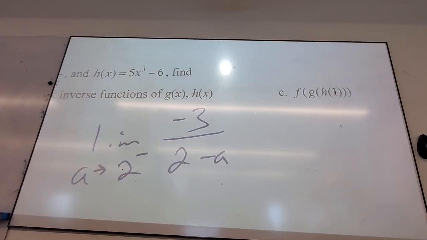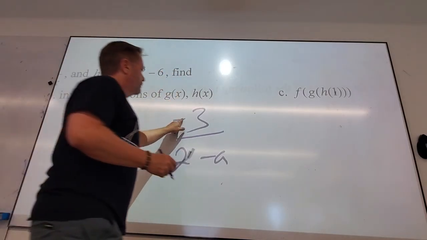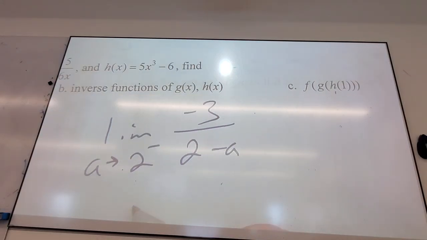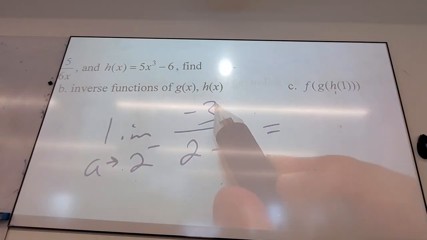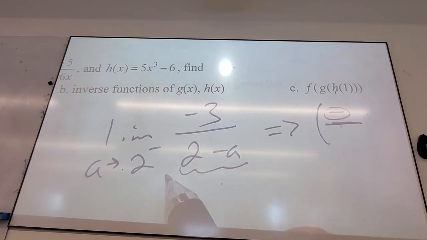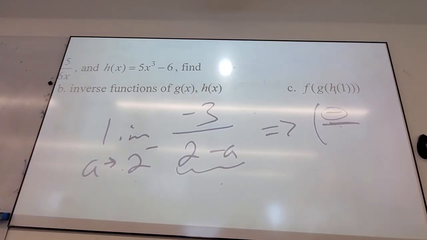The only thing I have to worry about now, my whole thought process changes. Now I'm like, all right, is it going to be positive or negative? Top is negative. I'm letting A go to 2 from below, yes? So I'm going to put a negative up there. What's the bottom if I let A go to 2 from the left?